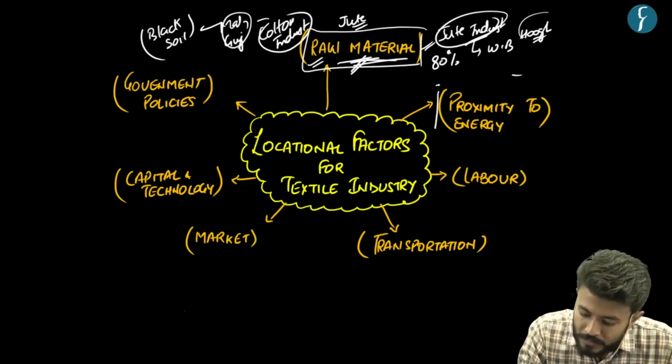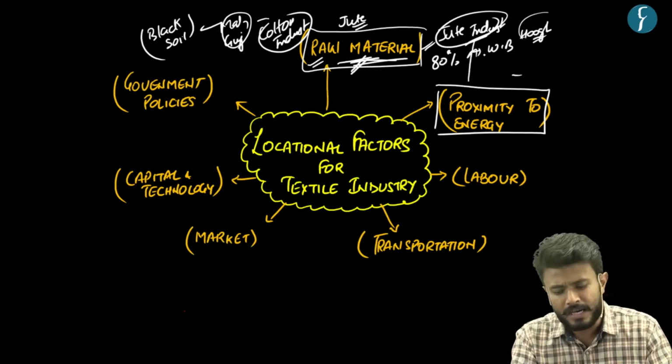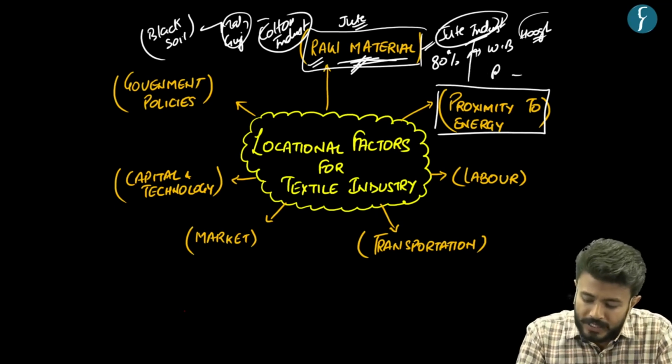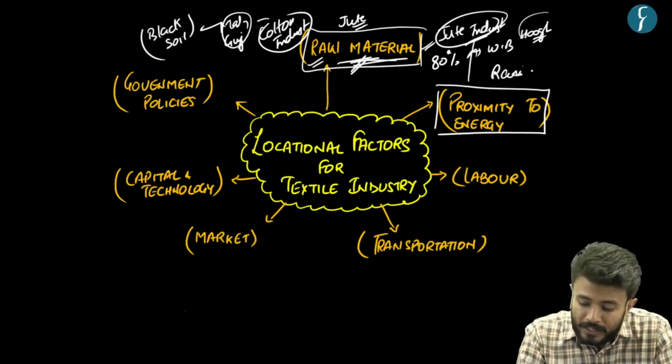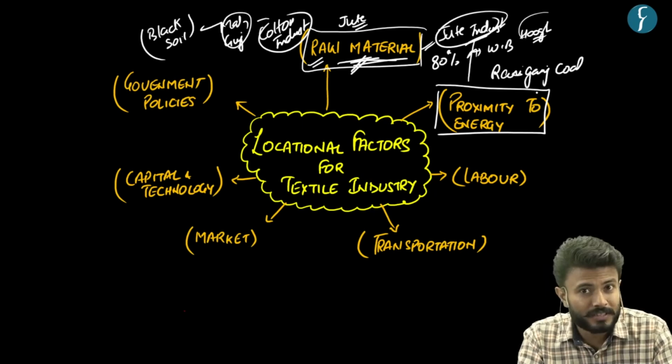Next comes the proximity to the energy resources. Taking the same example of the jute industry in the state of West Bengal, the energy to these industries is also provided by the Raniganj coal field. So again, it is in proximity to those areas, right?